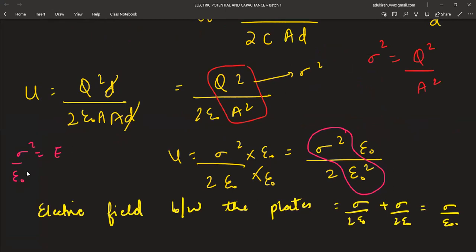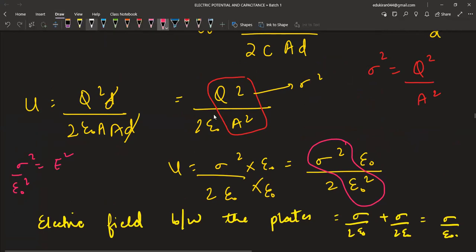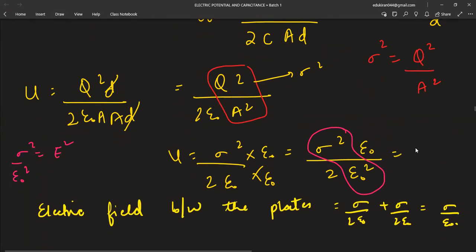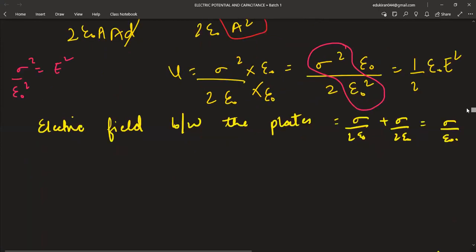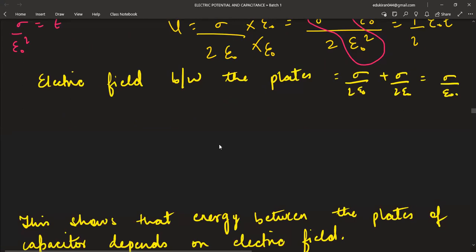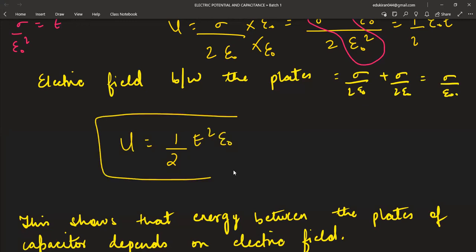So sigma square by epsilon naught square will be electric field square. So we have the final formula as half, because of this 2, epsilon naught multiplied by E square, and E is the electric field. So what is our final formula? Half E square into epsilon naught, where E is the electric field between the plates, which is sigma by epsilon naught.